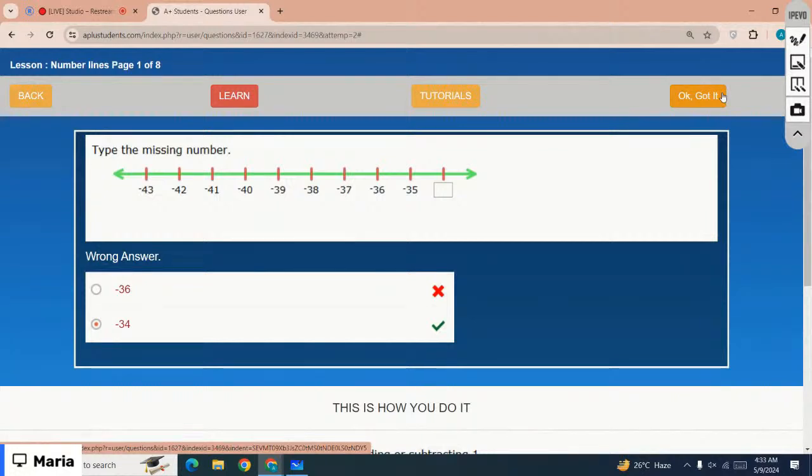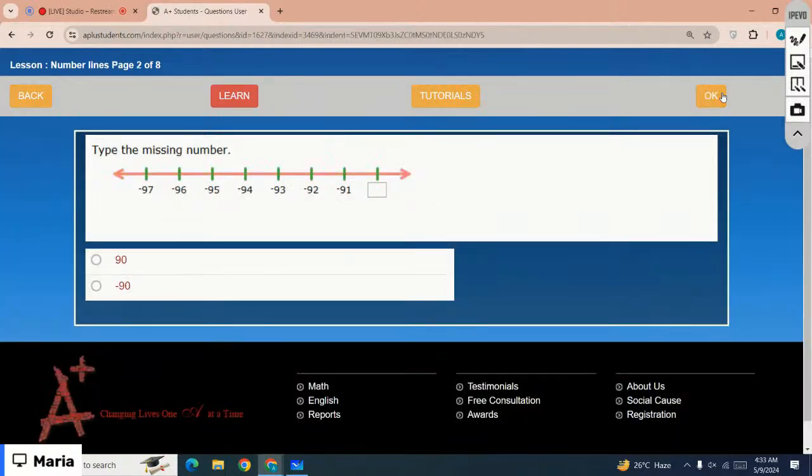Negative 34. Oh, the numbers are decreasing. That's negative 34. Type the missing number.